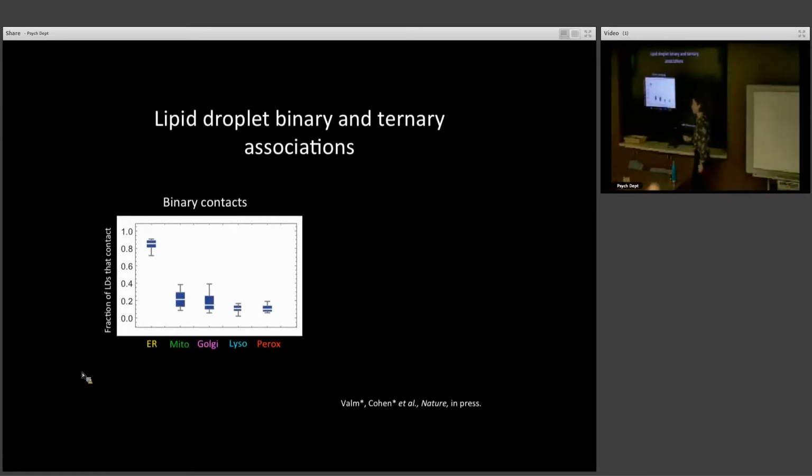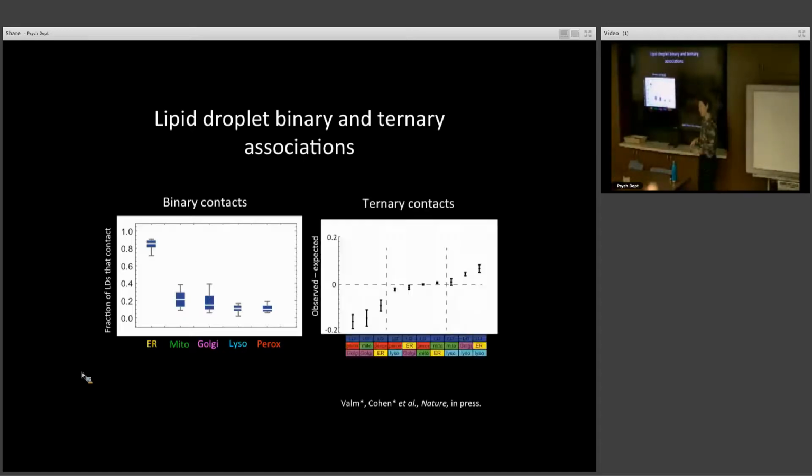As another way of quantifying this, we looked at the fraction of lipid droplets that were making contact with the different organelles. So at any one time, more than 80% of the lipid droplets are touching the ER, while about 20% are touching the mitochondria, and then fewer are making contact with those other organelles. We also looked at 3-way contact.